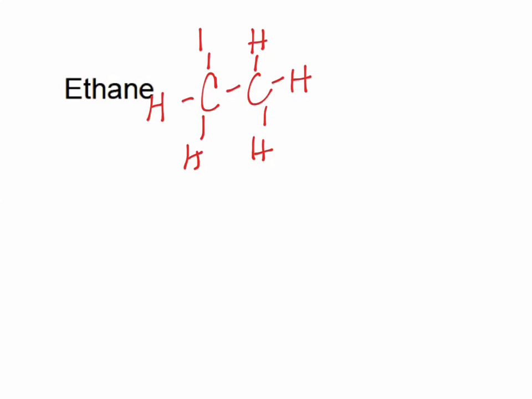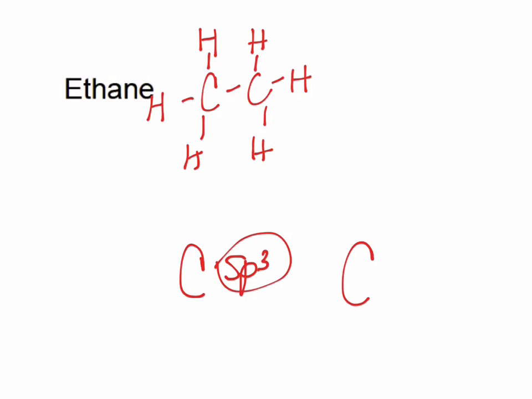So if we were to look at the hybridization, what happens is we have our C bonds, and how many areas of bonding do we have around each C? We have 4. So that means we have an sp3 orbital.